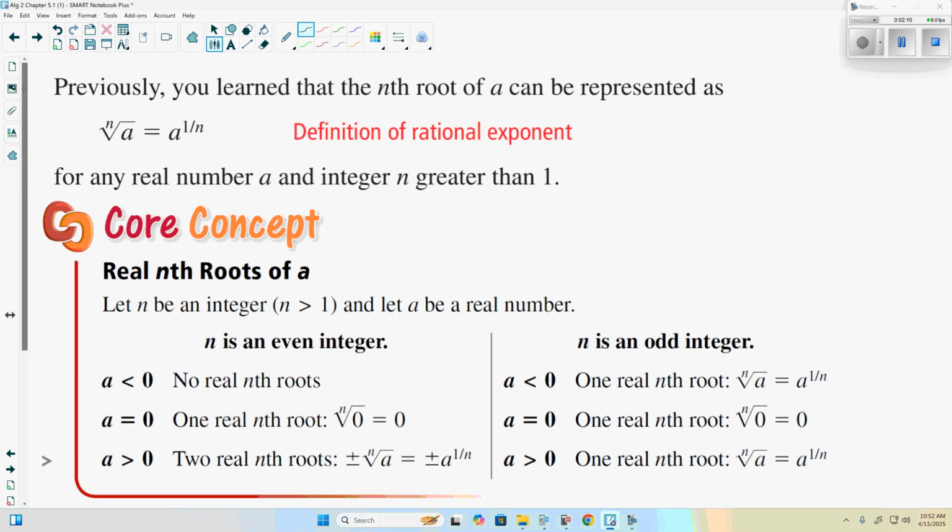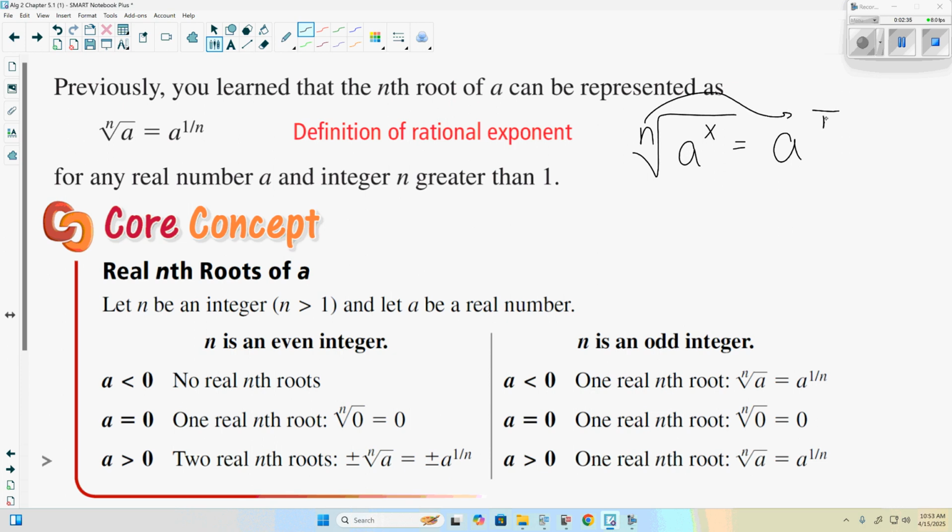Now, previously, you learned that the nth root can be represented as a rational exponent. The nth root of a is equal to a to the 1 over n, a fractional exponent. Or we could say that the nth root of a to the x is a to the x over n. So again, it's going to go to a fraction.